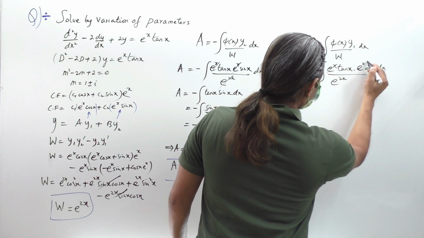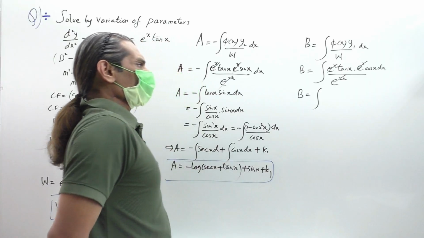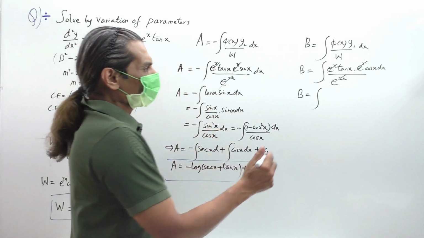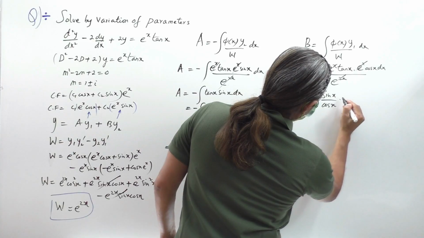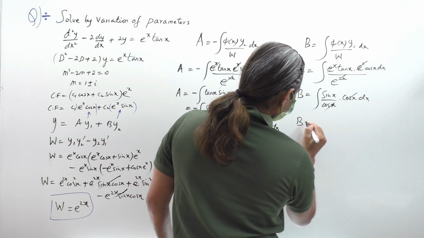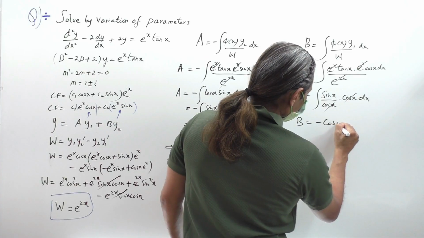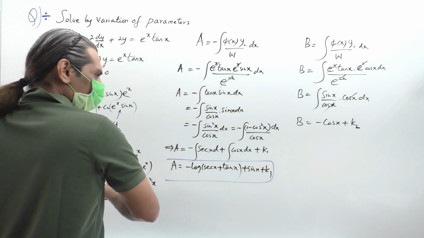Again the same process: e raised to x cancels. We have B is equal to, again when we have the tan x term, we write it as sin x by cos x, into cos x, and this will be very easy integration because cos cancels, and integration of sin x is nothing but minus cos x plus k2. So we have both the values of A and B here.